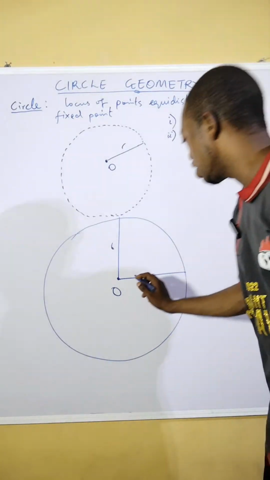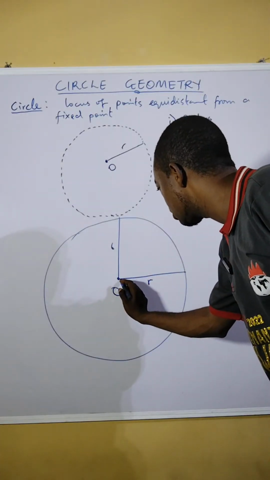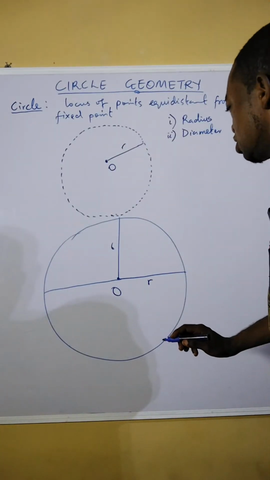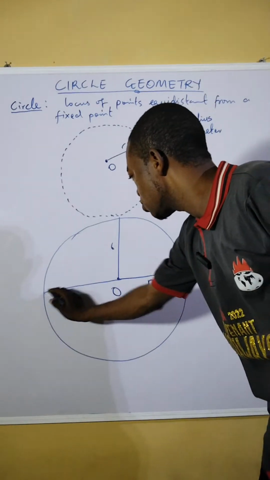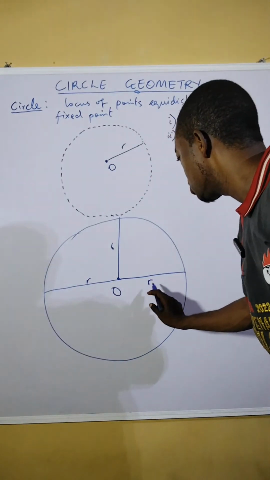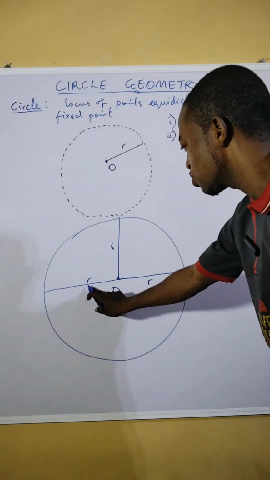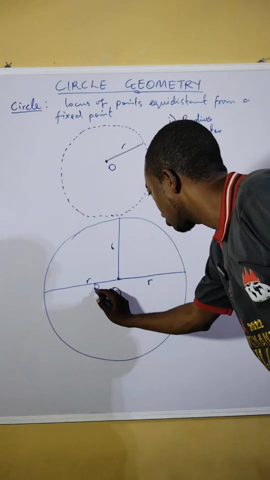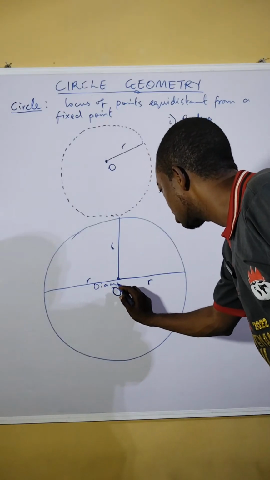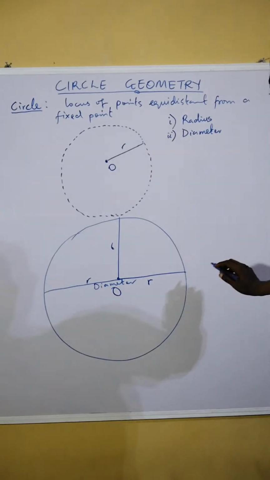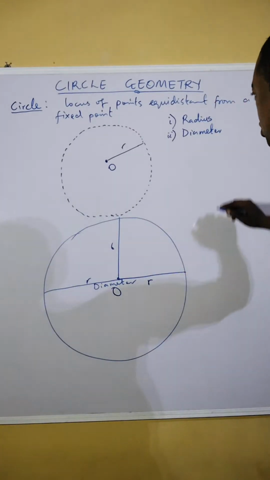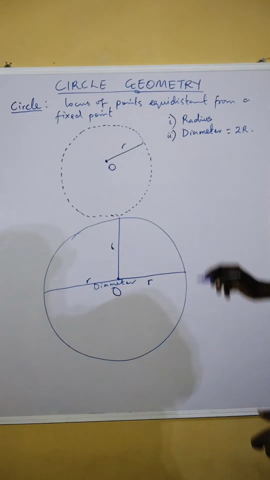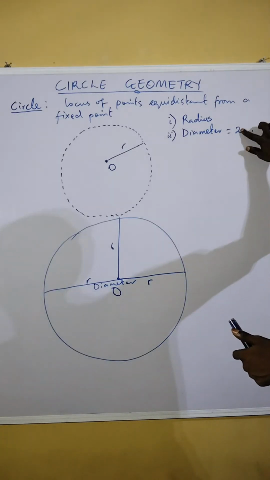And from the center to this place is also a radius, which means radius plus radius, that's 2 radius, gives us a diameter. So this line here is a diameter. We can say diameter is equal to 2 radius. Diameter equals 2r.